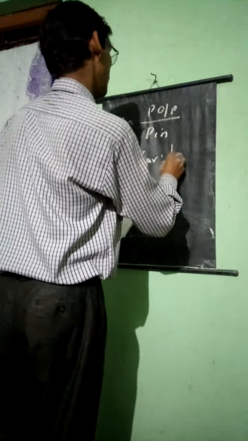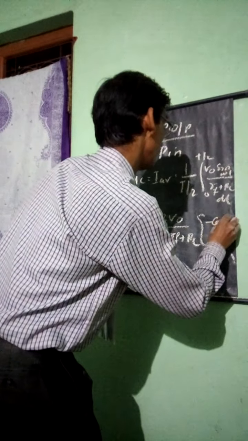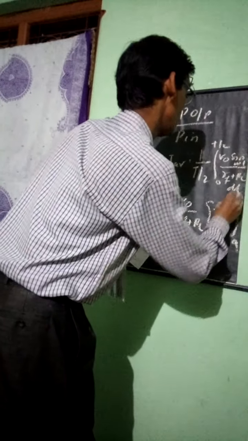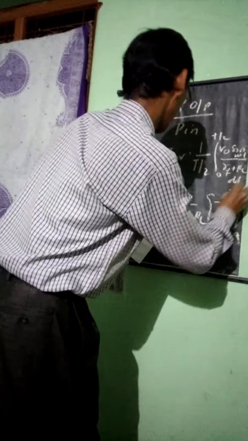Remember, you get V naught by T into RF plus RL, whole, times minus cos omega t divided by omega, evaluated from 0 to T by 2. You get back 2I naught by pi. This is the average.